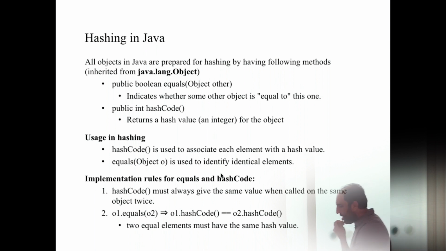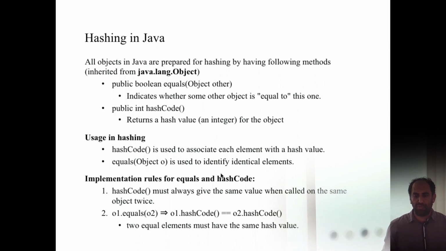And in Java, the Object class, which we know is the parent class for all types, already prepares its objects for this hash code functionality. If you go into your Object class, you will find this hashCode function.